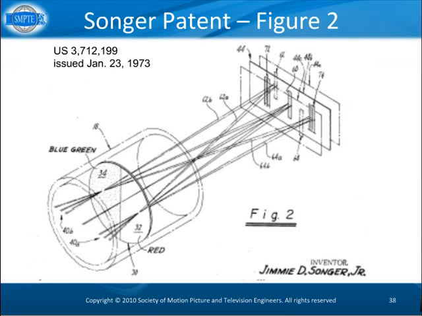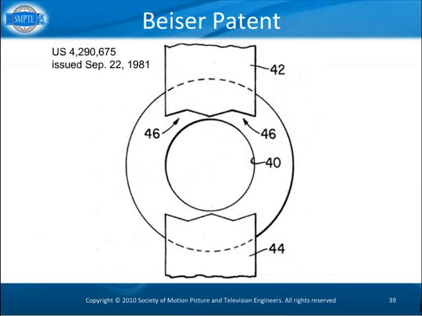And then that was improved on in a patent that was issued to Leo Beiser in 1981. And Beiser, I'm mentioning his name because he was one of the inventors of the supermarket laser scanner.